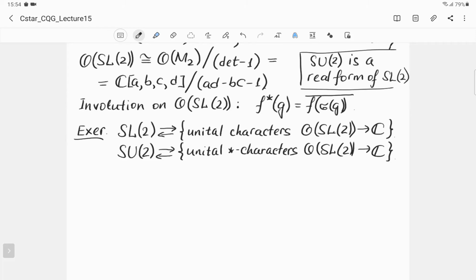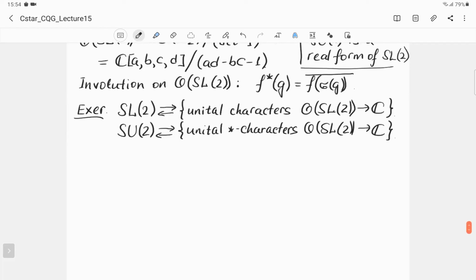Okay. Now, a natural question is how to reconstruct the algebra of continuous functions on SU2 from the algebra of regular functions on SL2. The answer is very easy. Let's introduce the following map. Let R denote the map from the algebra of regular functions on SL2 to the algebra of continuous functions on SU2.